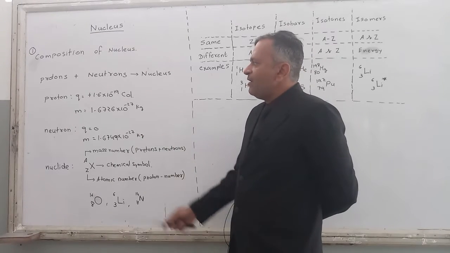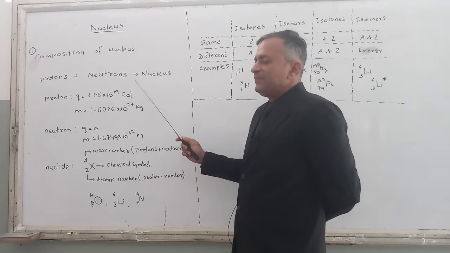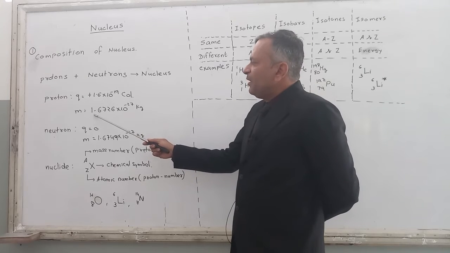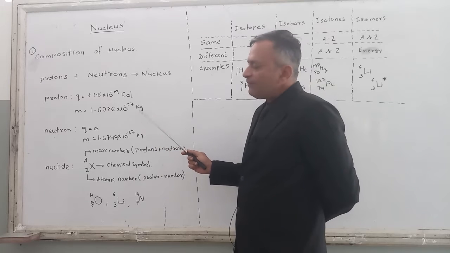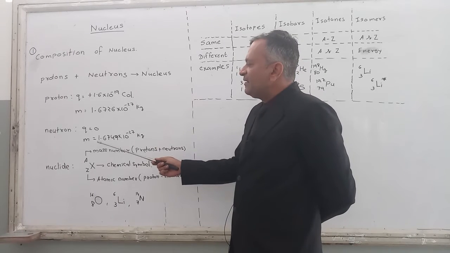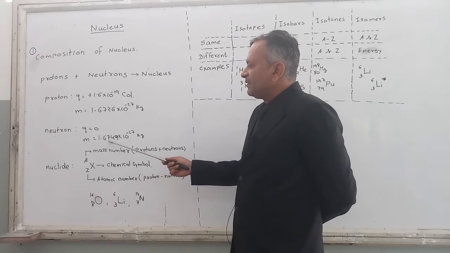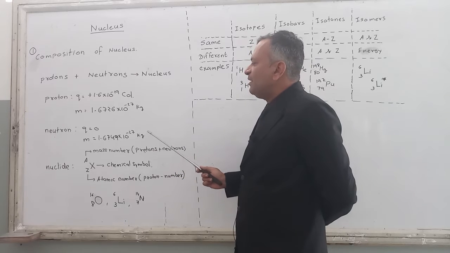About this proton, the charge is plus 1.6 × 10^-19 coulomb and mass is 1.6726 × 10^-27 kg. For neutron, the charge is of course 0 and the mass is 1.6749 × 10^-27 kg.